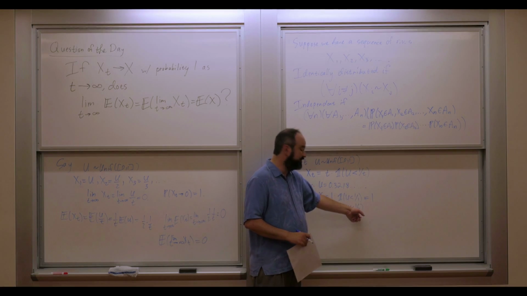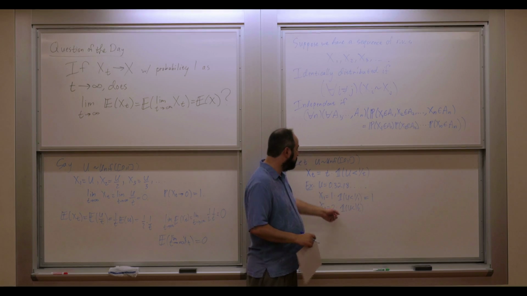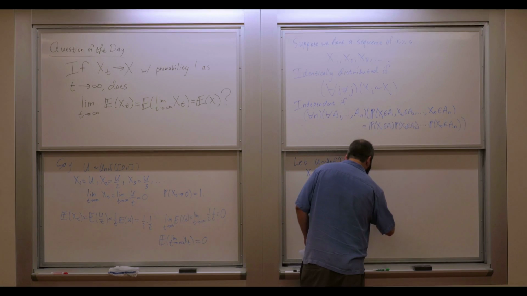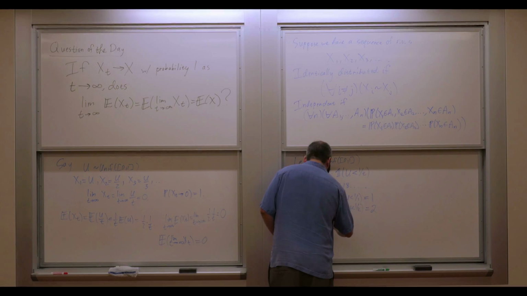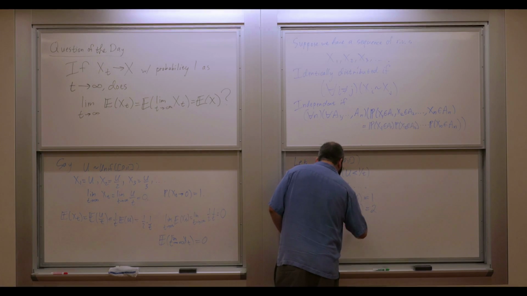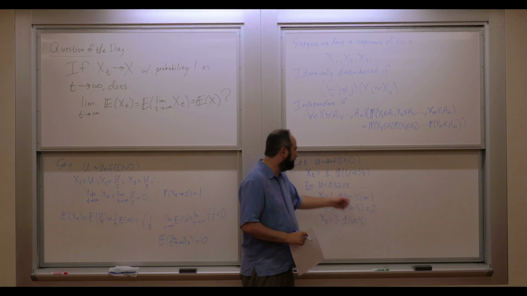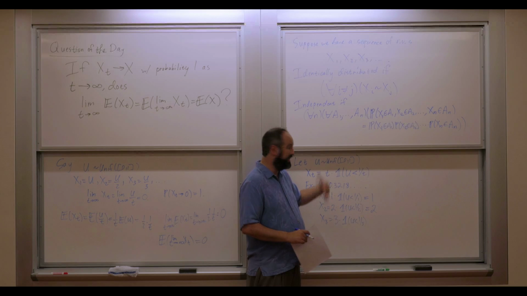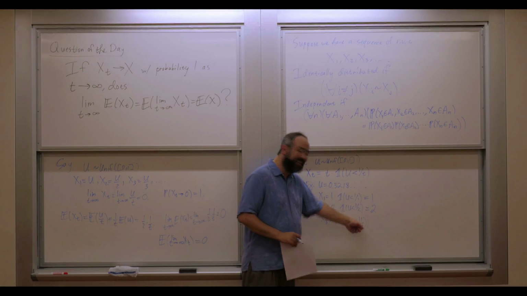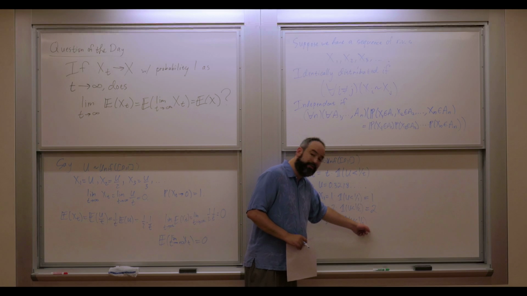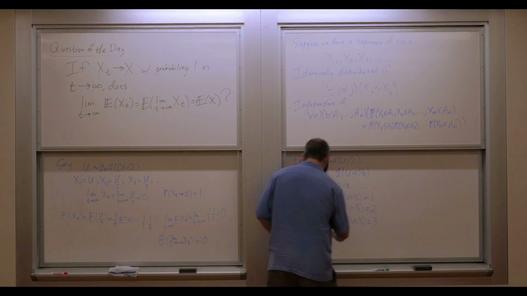Again, this value of u is less than 1/2, so this indicator is 1. 1 times 2 is 2. Now let's look at x3. x3 is 3 times the indicator u is less than 1/3. Well, 1/3 is 0.33333, etc. We're getting close here, but still u is less than 1/3. So this indicator is 1, so 3 times 1 is 3.